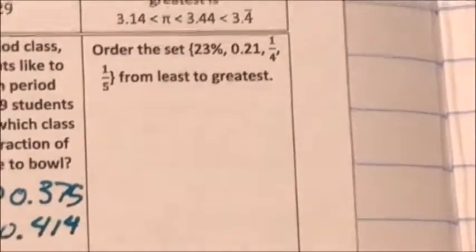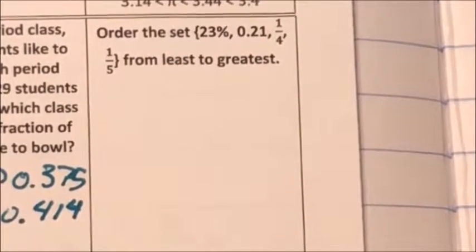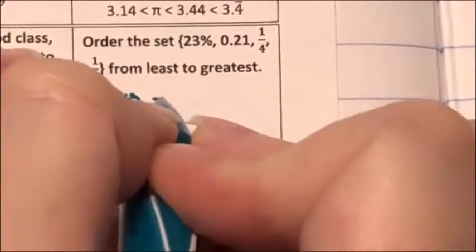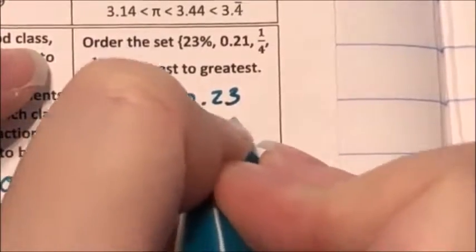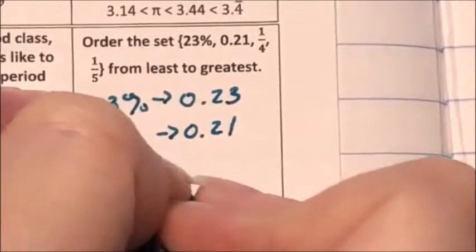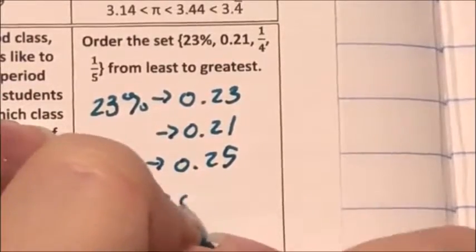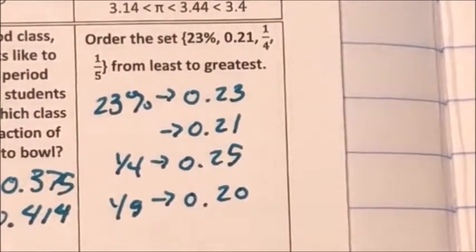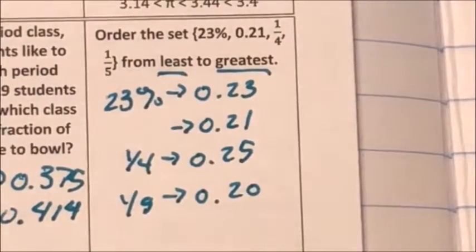The last problem I have on this page is order the set 23%, 0.21, 1/4, and 1/5. So 23% becomes 0.23. 0.21 stays the same. 1/4 is 0.25. And 1/5 is 0.20. Okay. I'm ordering from least to greatest, so smallest to biggest.